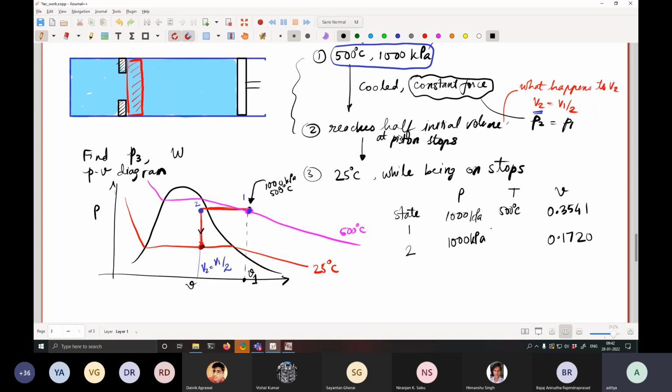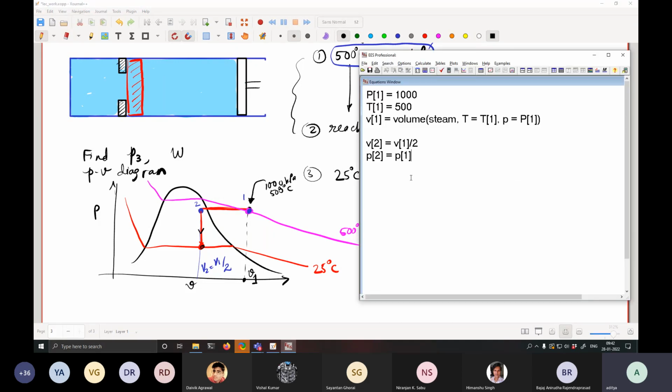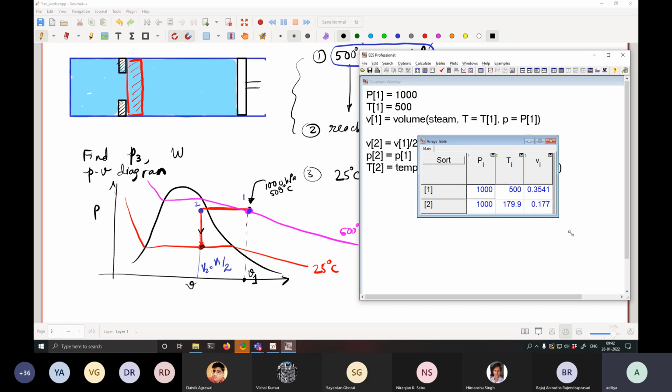So in that case, let's find out what the temperature is. T2 is temperature, steam, P equal to P2, V equal to V2. The second point temperature comes out to be 179.9 degrees Celsius.